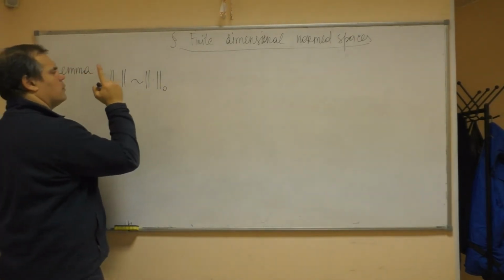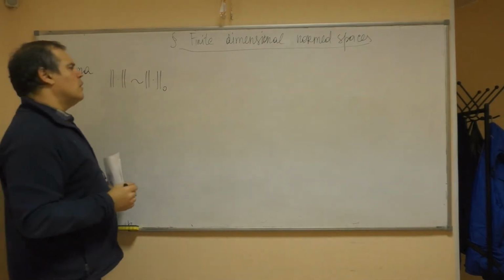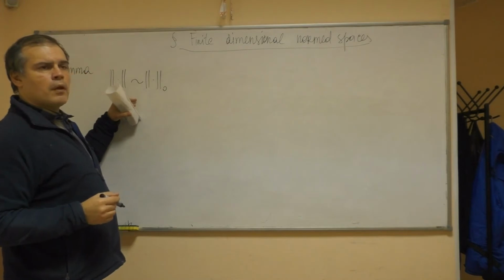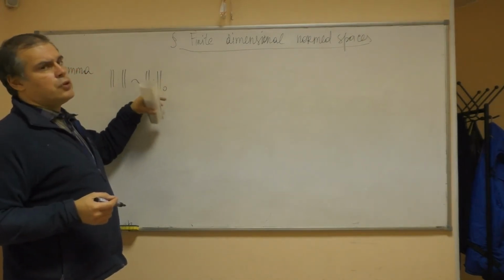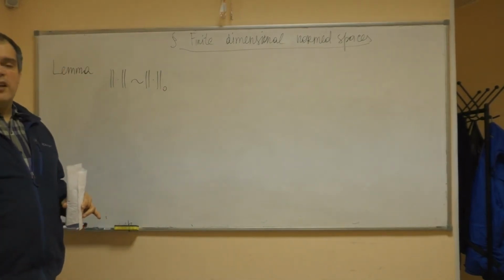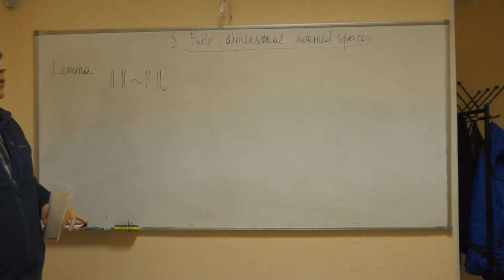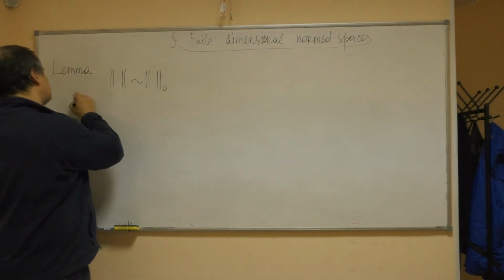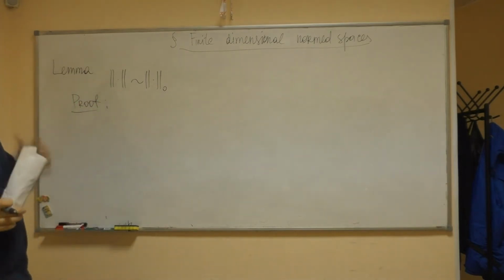We have our initial norm in space X, now a vector space, and we have built the new one with index 0. And the lemma says that these two norms are equivalent. Let's prove it.